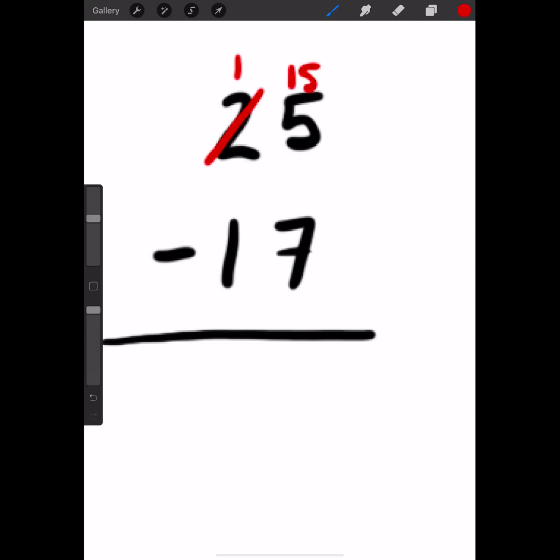I can do 15 minus 7. 15 minus 7 is 8. I move over to the next column. 1 minus 1 is 0. I don't need to write it down below. That means that 25 minus 17 is 8.